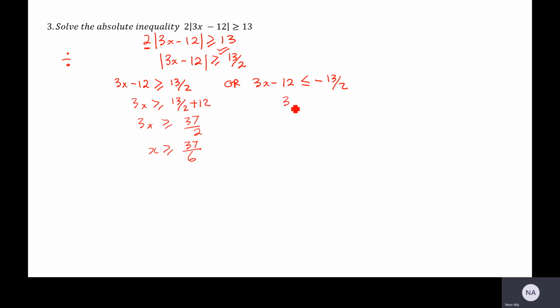Or in this second case, 3x less than or equal to minus 13 over 2 plus 12. 3x is less than or equal to, that's 2, 24 minus 13.